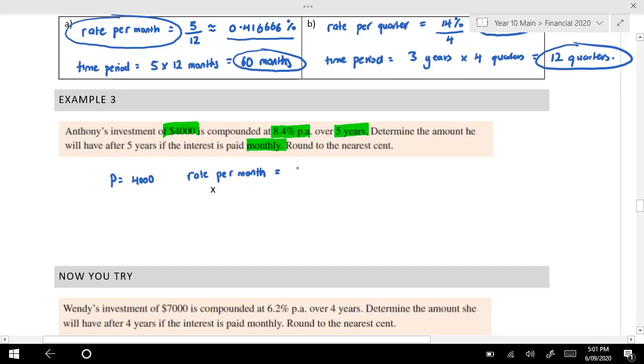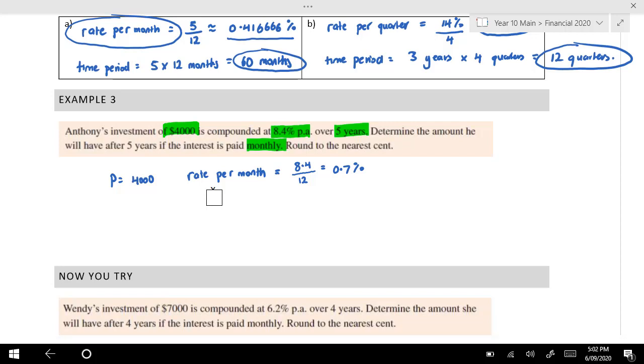The rate per month is 8.4, and what we're doing is dividing that by 12. Now if I go ahead and do that, that's going to give us 0.7% per month, which is 8.4% divided by 12.